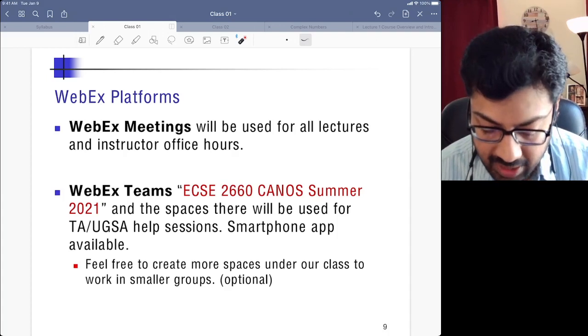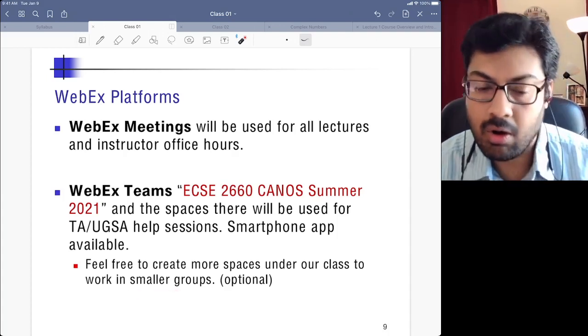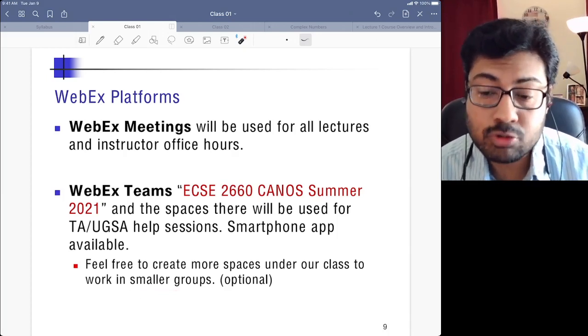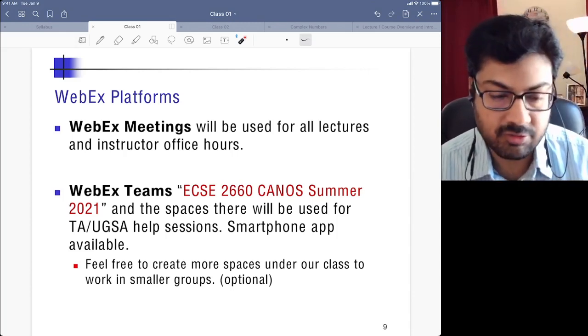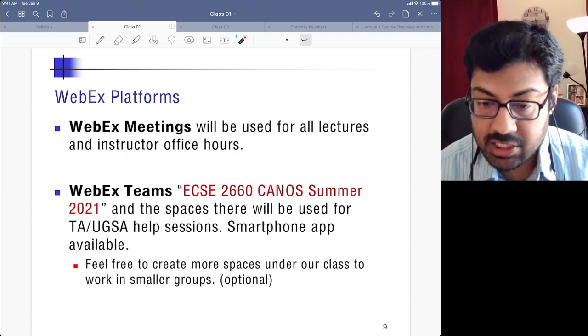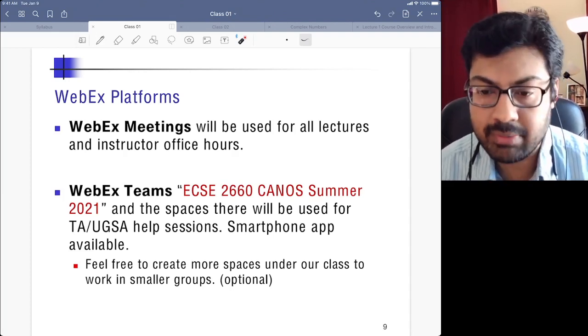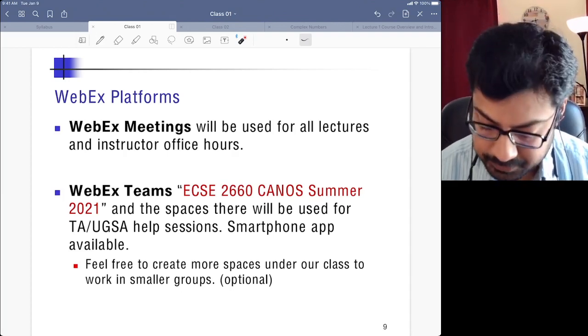Do it within the class. You don't need to add me or the TAs to it. I will be able to see the space, but I will not be able to see the conversation in the space. So you don't need to add any of the teaching staff members. You can create spaces and then meet on a regular basis to discuss. All of that I encourage.